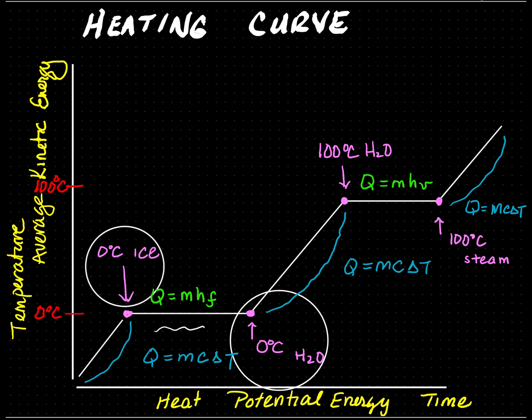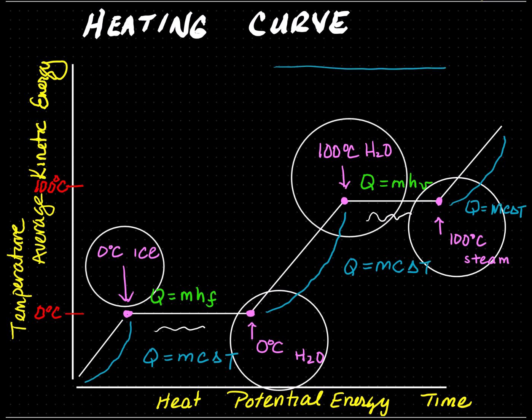Anywhere in between, we will have both solid and liquid. At the beginning of the vaporization point or the end of the condensation point, we will have 100 degrees Celsius water, just liquid. At the end of the vaporization point or the beginning of the condensation point, we will have 100 degrees Celsius steam. But anywhere in between, we will have both liquid and gas.